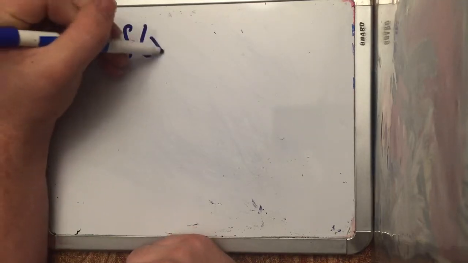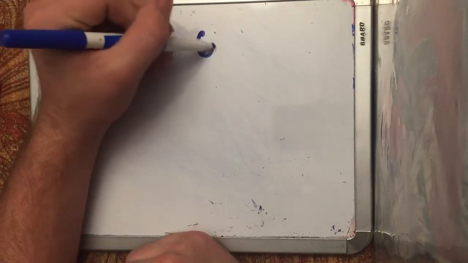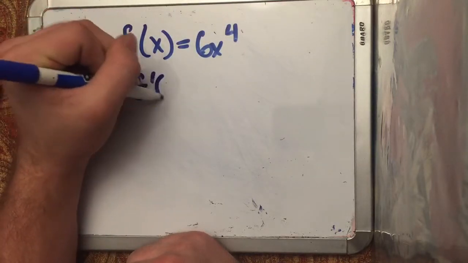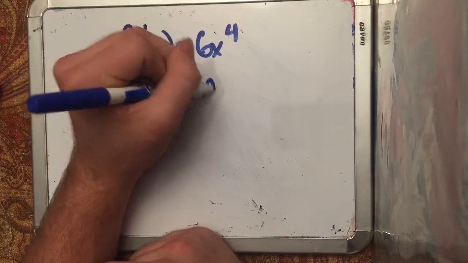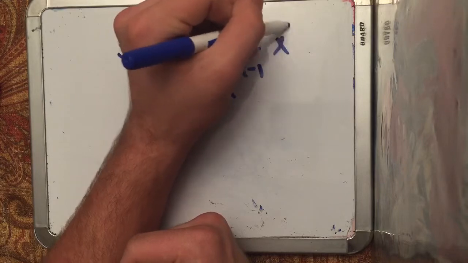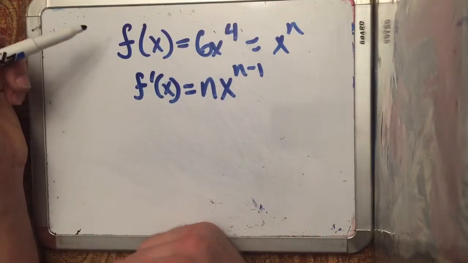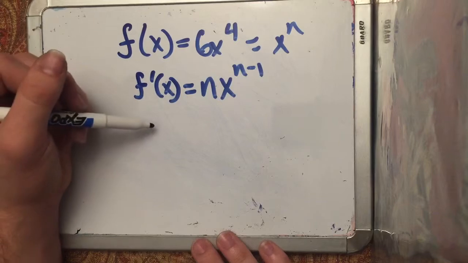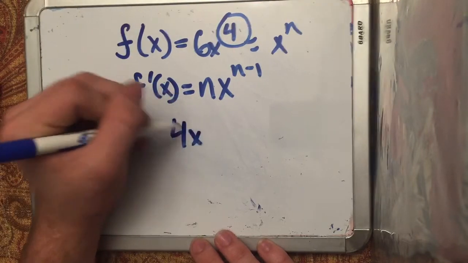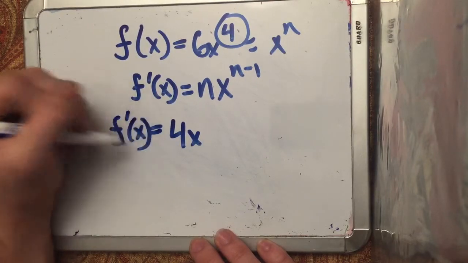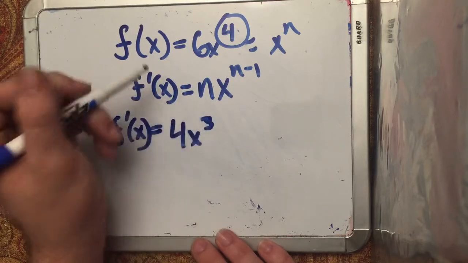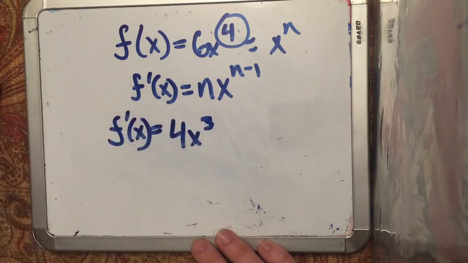So we have f of x equals 6x to the fourth, and using that, for f prime of x we're going to want to find n times x to the n minus 1, so we already know that this is x to the n. So we have n, 4 is n, so we're going to take 4 and put it in the derivative, and take 4 and put it down here, and so 4 minus 1 is 3, so now we have 4 times x to the 3, but we forgot something.